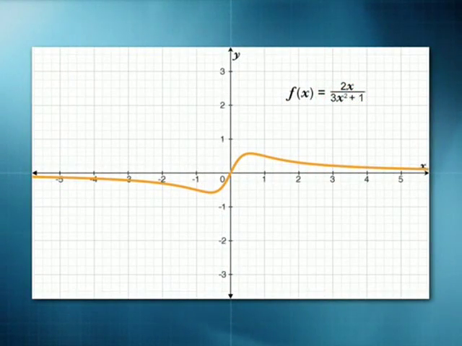So let's look at these 3 cases. Here's the graph of the function 2x over 3x squared plus 1. This graph has a horizontal asymptote at y equals 0.